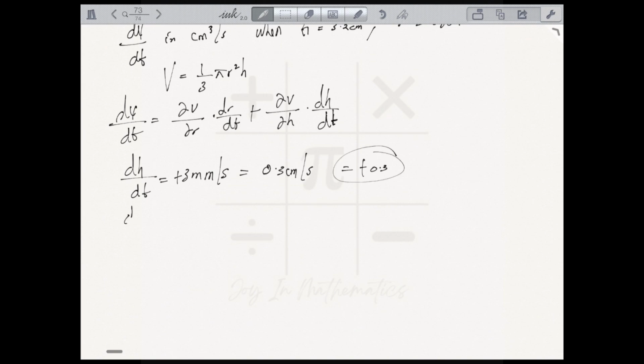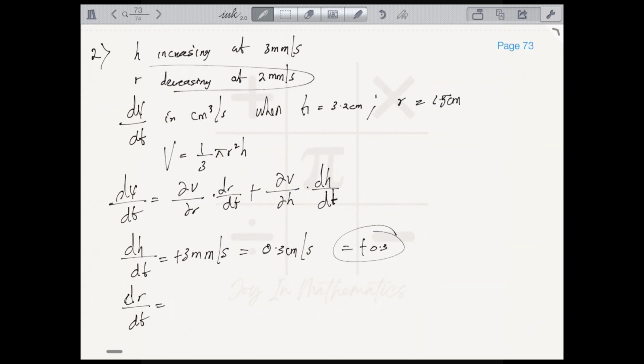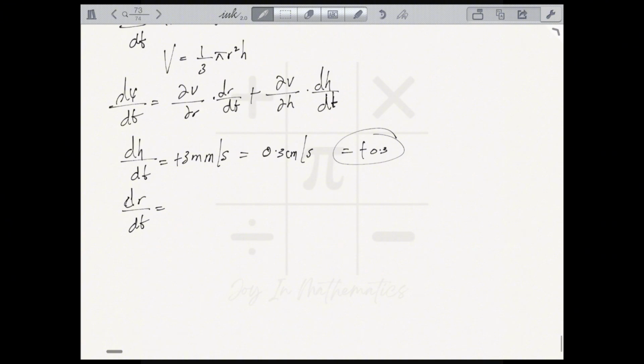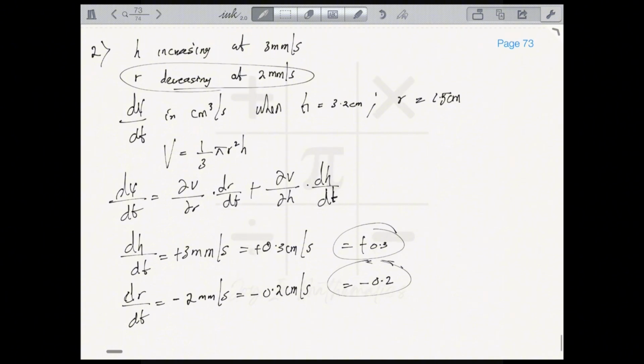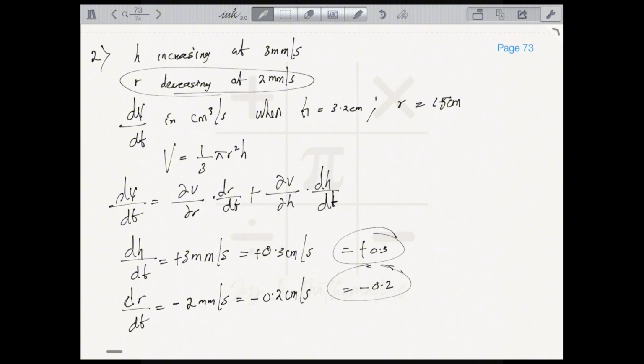Likewise, for dr/dt, we said the radius is decreasing at 2 millimeters per second, that is minus 2 millimeters per second. Converting it to centimeters, we have minus 0.2 centimeter per second. Therefore dr/dt is minus 0.2. So with these parameters, you can pause the video and try to solve.